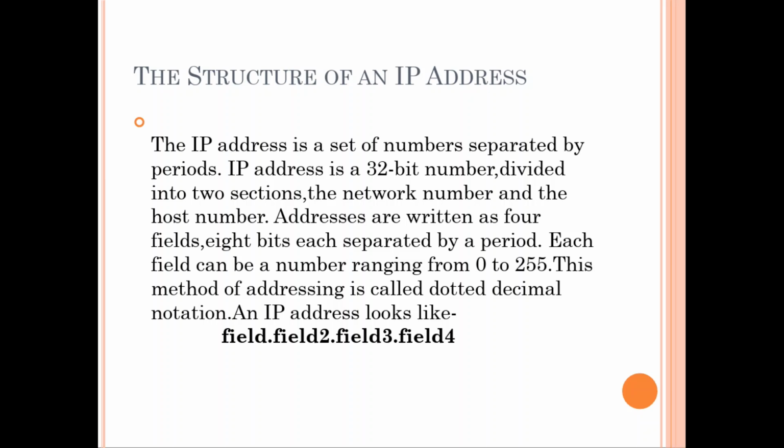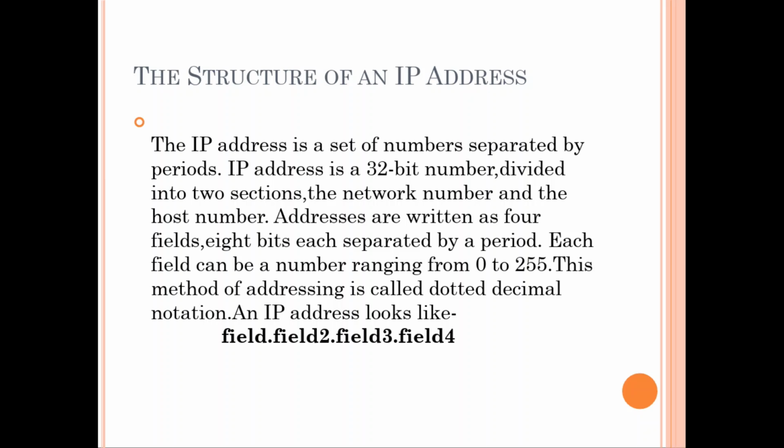Addresses are written as four fields, 8 bits each, separated by a period, and the number of every field ranges from 0 to 255. Clear? This method of addressing is called dotted decimal notation.